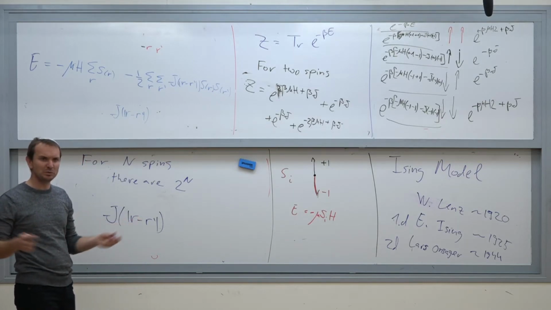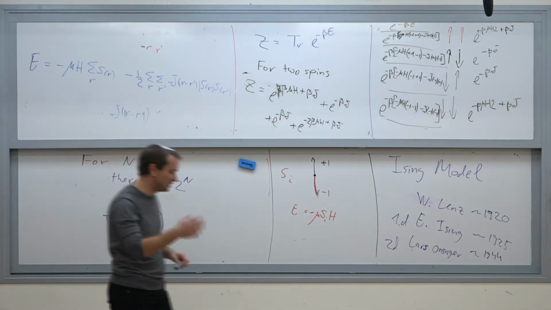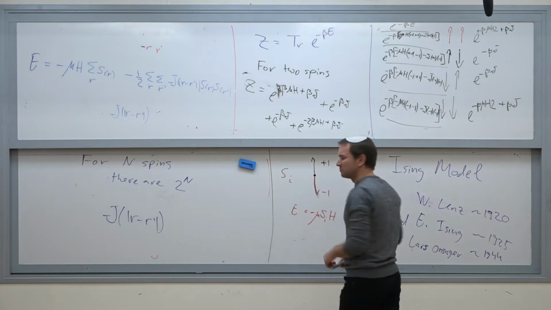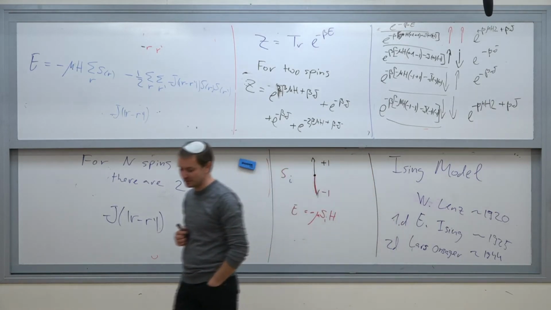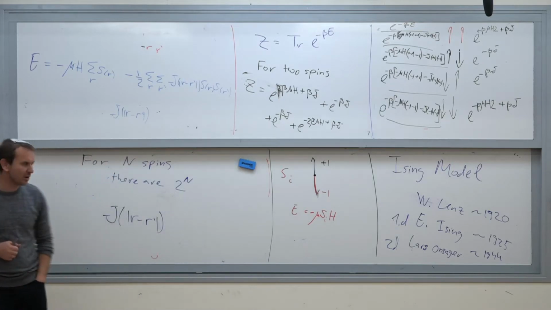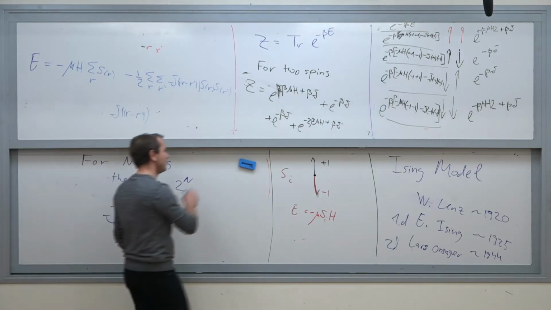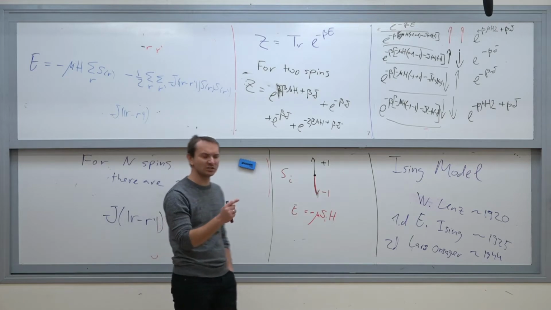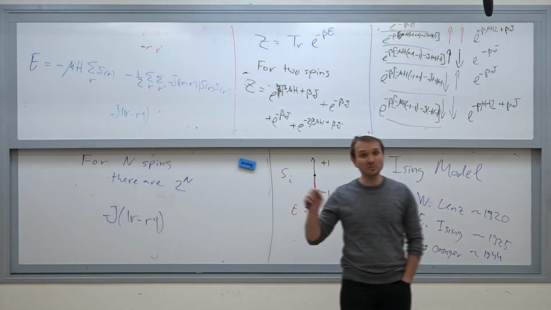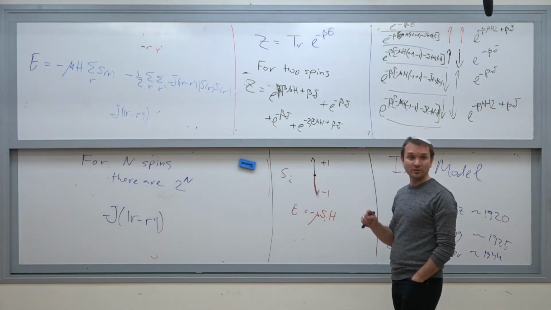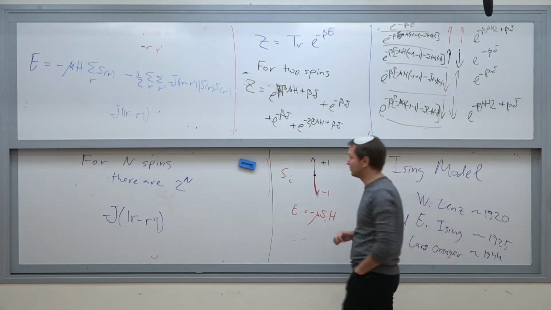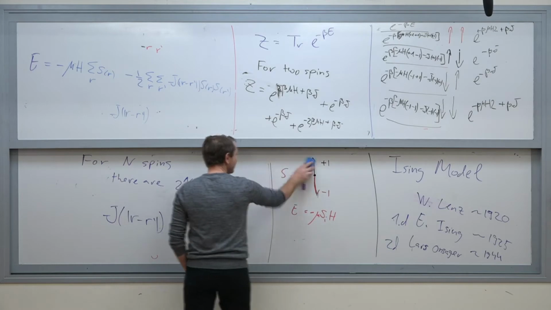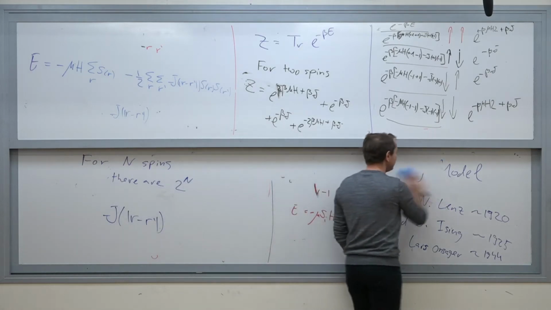Usually J is between 1 and 0, or multiplied by something. But you see that this becomes a really, really hard problem. Why? Because of the interactions. I will show you that it's actually a simple problem when there are no interactions, and a very hard problem when there are interactions.